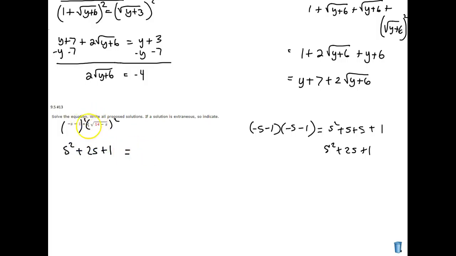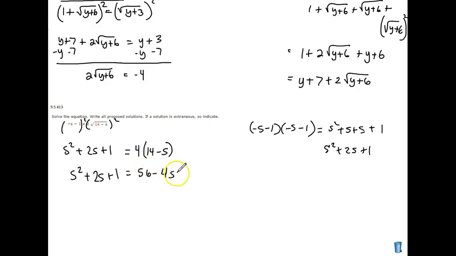On this side of the equation, I have to square this 2, which becomes 4, and then I square the square root of s, 14 minus s, which just becomes 14 minus s. These are still multiplied though, so I need to distribute the 4 times the 14 and the 4 times the s. So this becomes, let's see, 56 minus 4s, and this is s squared plus 2s plus 1.